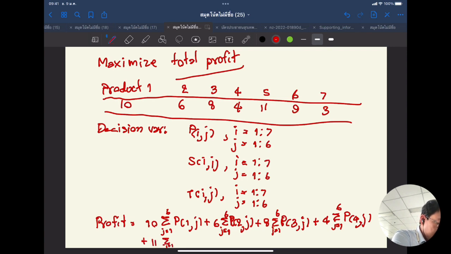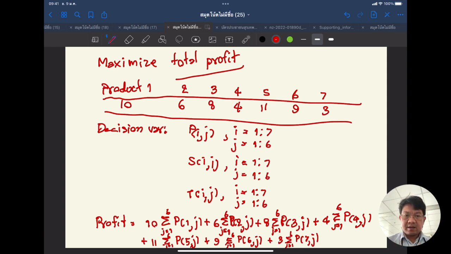We have the summation of J from 1 to 6 of P5J, plus 9 times the summation of J from 1 to 6 again of P6J. And the last one, product 7, the contribution is only 3, and the summation of J from 1 to 6 of P7J. Okay? And this is the function of our profit.